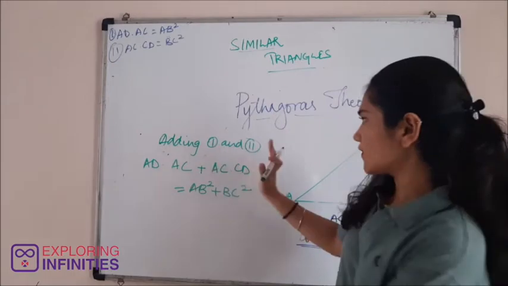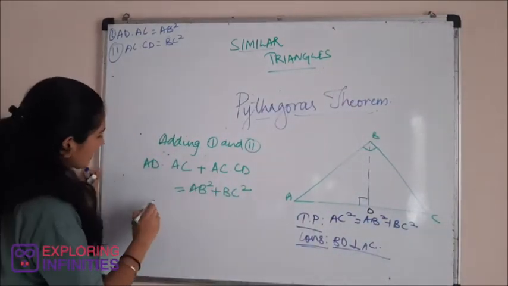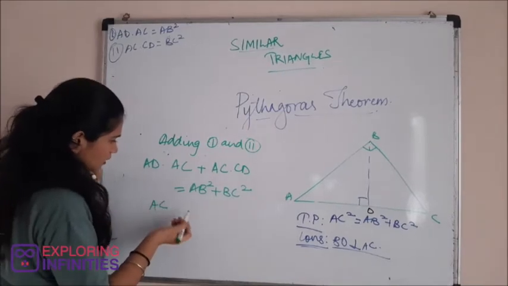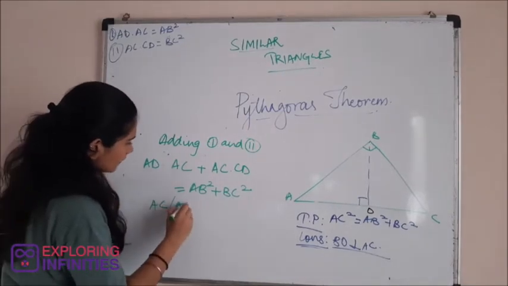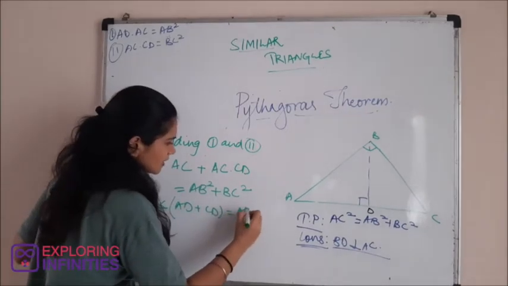Now we will solve the left hand side first. So you can take AC out: AC into AD plus CD equals AB square plus BC square.